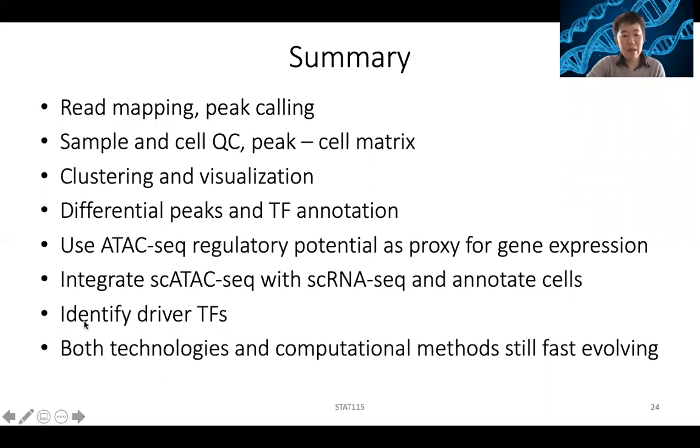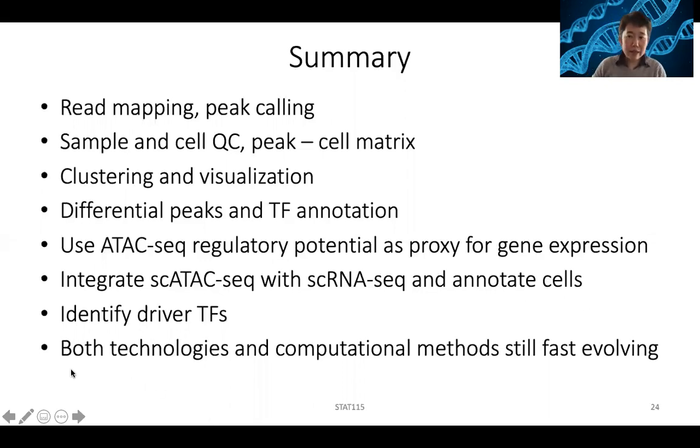And then after that, you can further identify the driver transcription factors by looking at the differential genes and use also public ChIP-seq and the transcription factor motifs and chromatin data to help you predict the transcription factors. And of course, you can use the marker genes from the clusters to annotate the cell types.